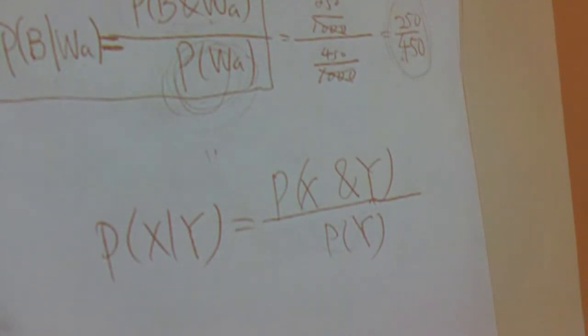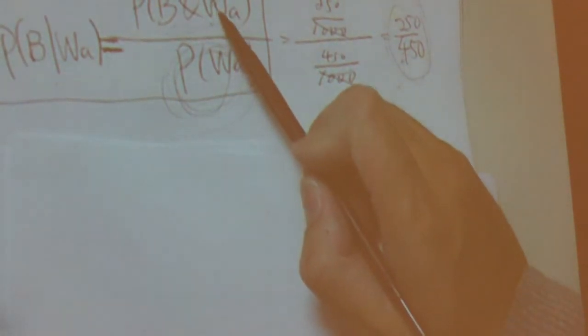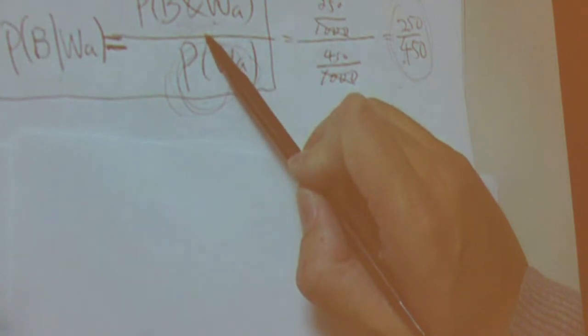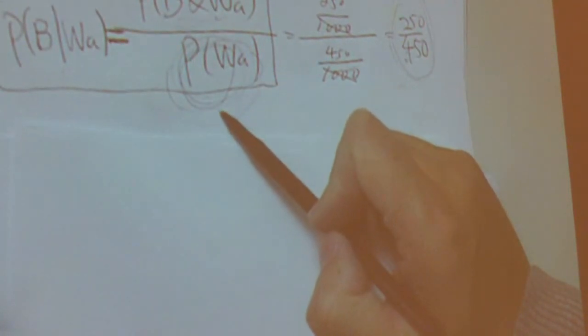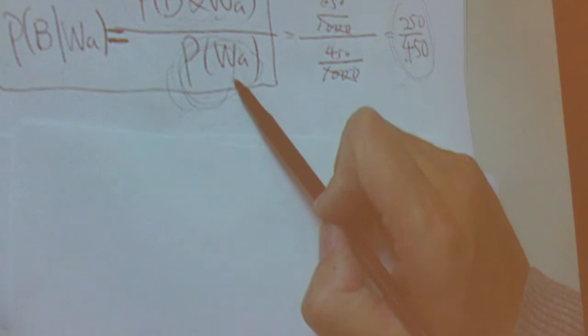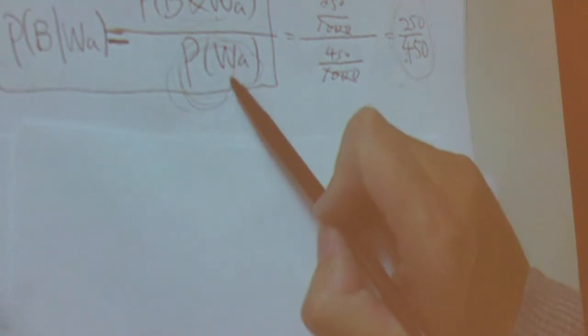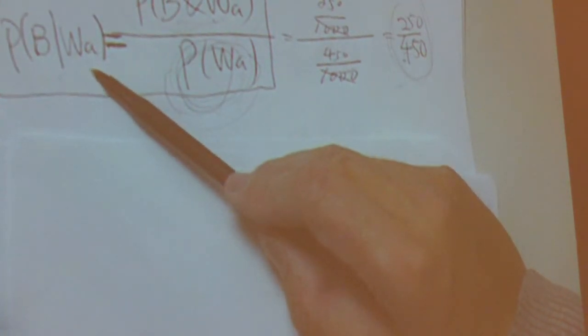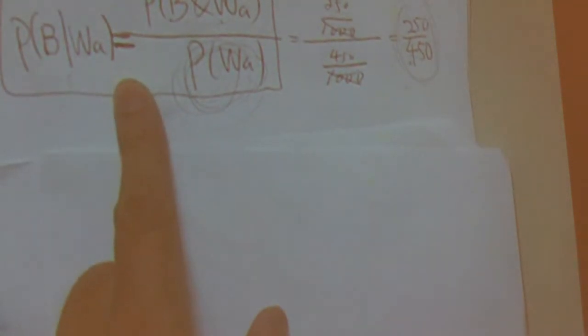Okay, that's a quick review here. So the formula is: if you divide the joint probability by the unconditional probability, this is called the unconditional or marginal probability, then you get the conditional probability. So this formula is fundamental. You need to memorize that.